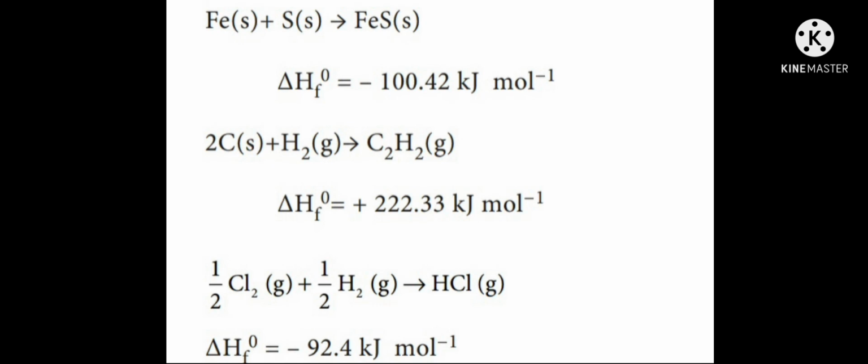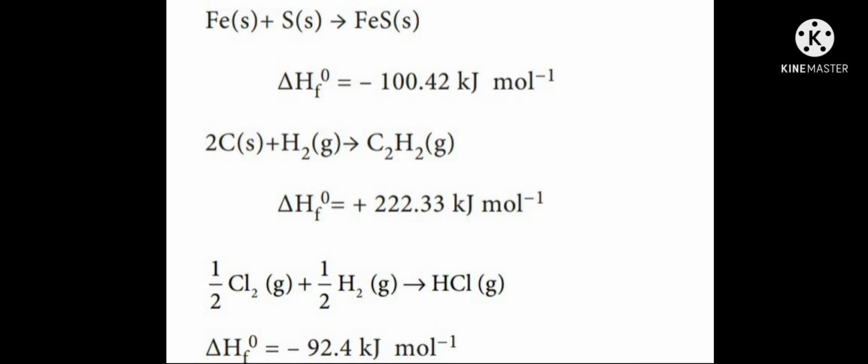Here we are having some examples for standard heat of formation. For the formation of FeS, the delta H naught formation is given by minus 100.42 kilojoule mole power minus 1. For the formation of C2H2, the delta H naught formation is given by plus 222.33 kilojoule mole power minus 1.